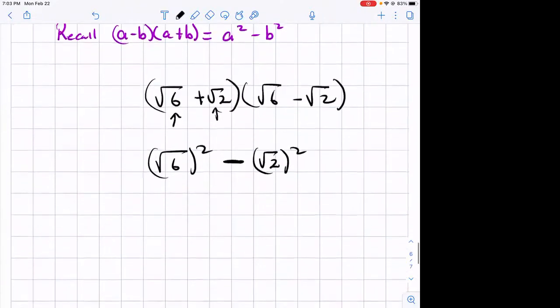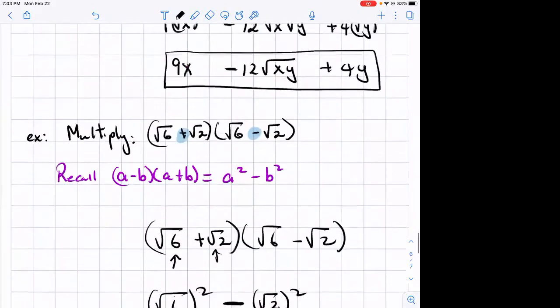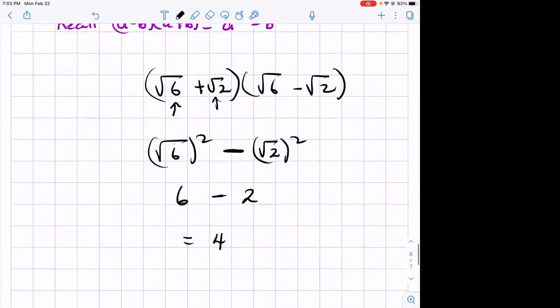Okay? And by doing this, the square and the square root will cancel out. So this becomes 6 minus 2, which is equal to 4. And you'll notice that if you FOIL it out, the middle terms will cancel and you will end up with 4 anyway. So you could either FOIL it out or not, okay?